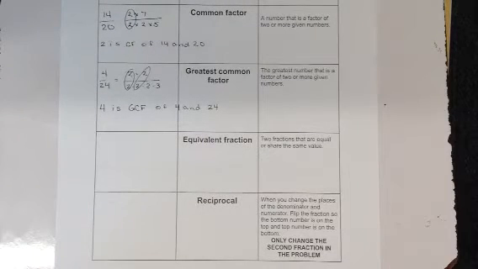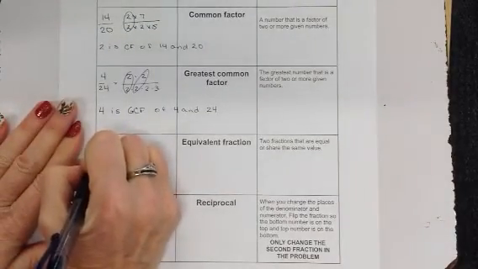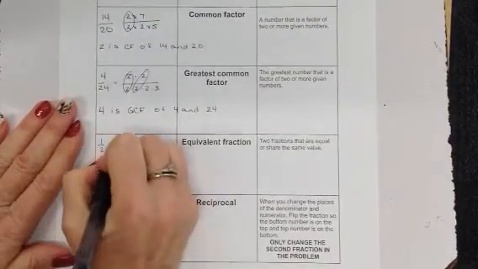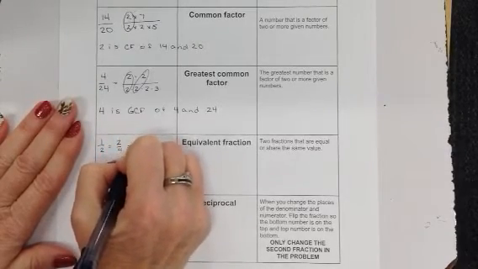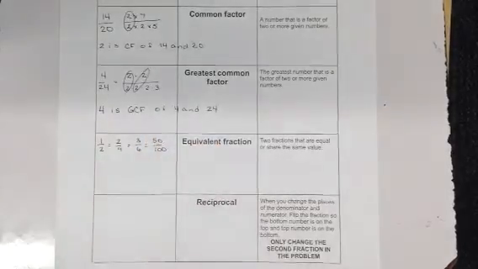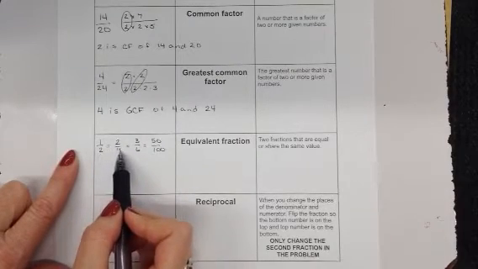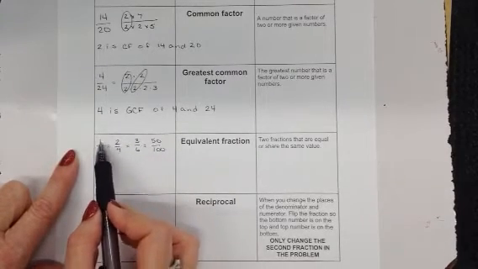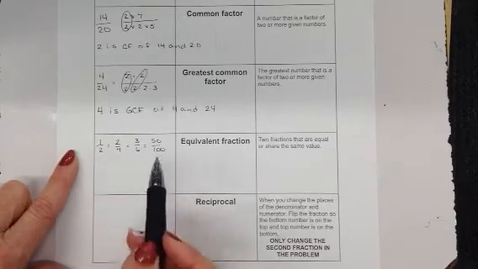Equivalent fractions. 2 fractions that are equal or share the same value. So if I wrote down the fraction 1/2, another fraction that equals 1/2 could be 2/4, 3/6, 50/100. And I can get those by saying 1 times 2 is 2, 2 times 2 is 4. To get 3/6, 1 times 3 is 3, 2 times 3 is 6.